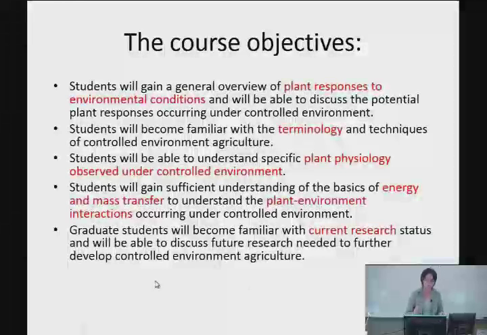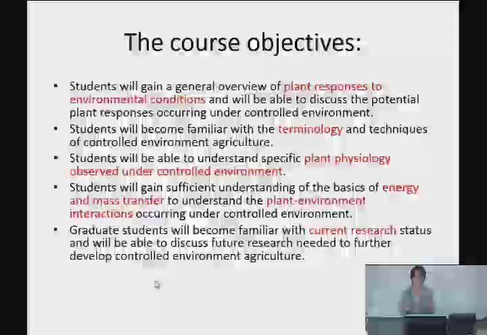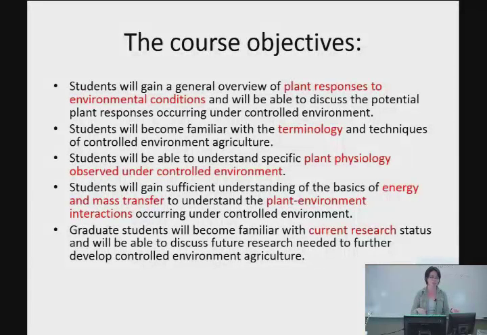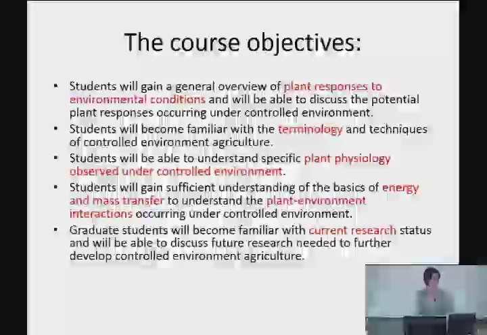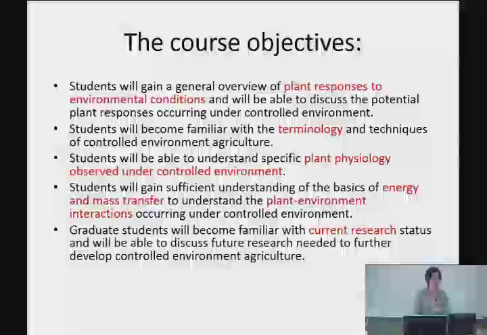And then the important concept you want to develop is plant-environment interactions. Okay, how plants are affected by environments, and also how plants affect the surrounding environment in a growing system. So that's the interactions.